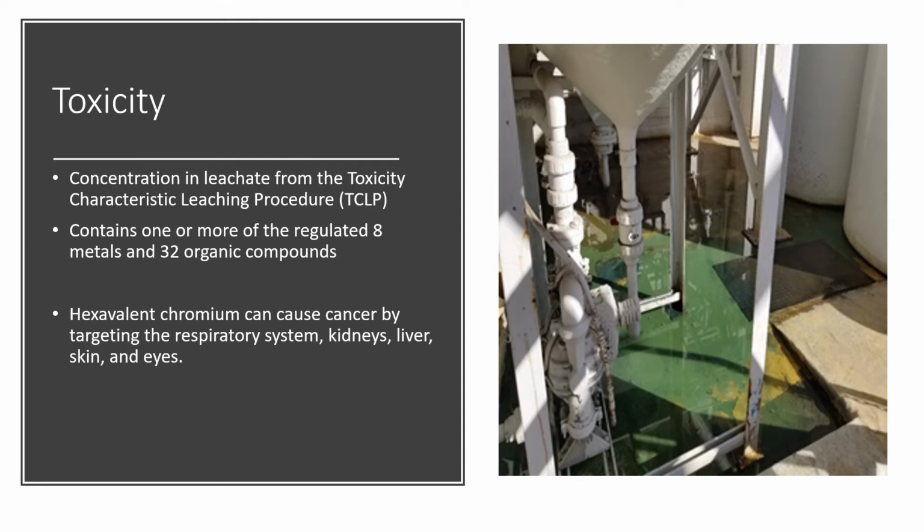Most of the time, a waste is toxic when it contains one or more of the regulated 8 metals or 32 organic compounds. In this picture, you can see that there is a spill of hexavalent chromium, which is a known carcinogen, and it targets the respiratory system, kidneys, liver, skin, and even eyes.